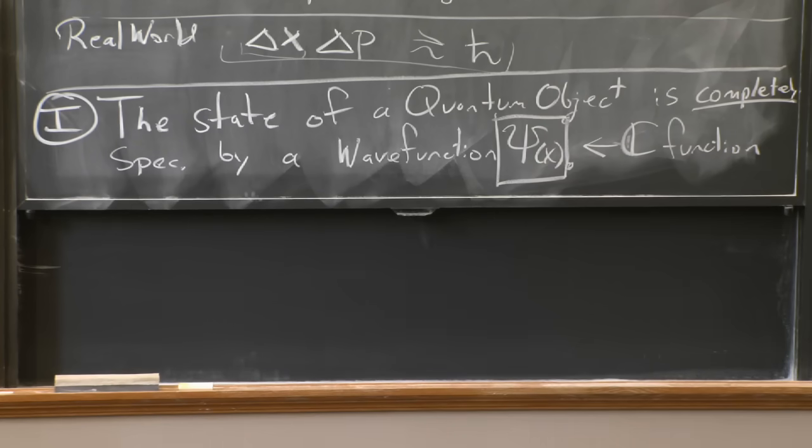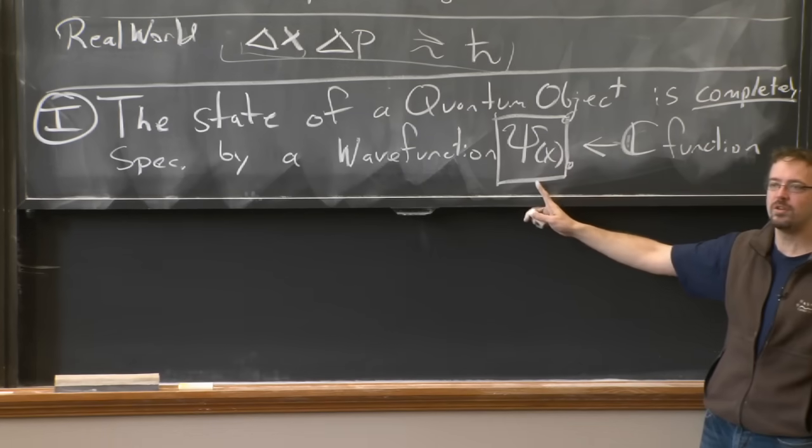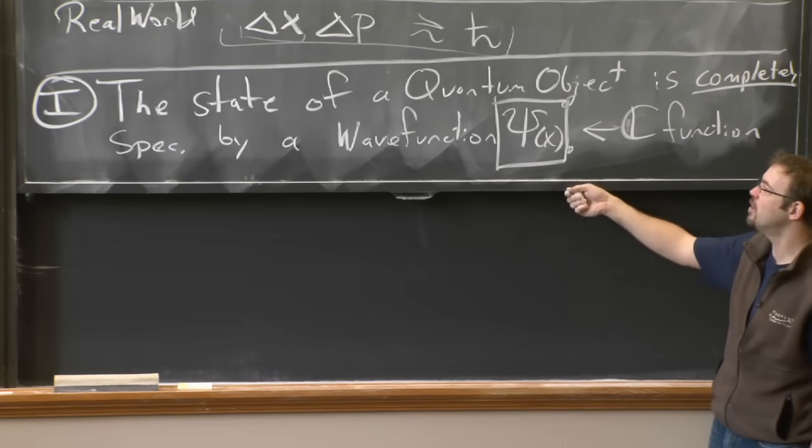Okay? The state of a quantum object is completely specified once you know the wave function of the system, which is a function of position.